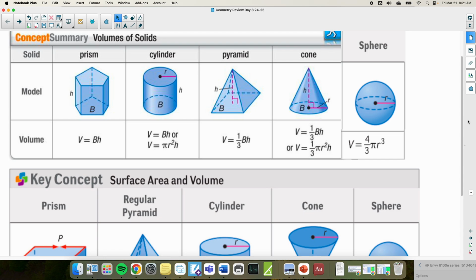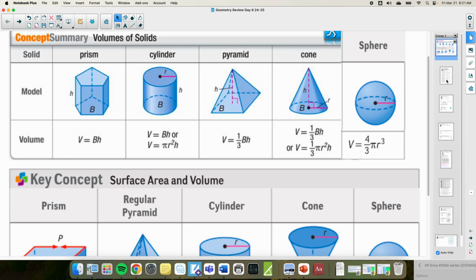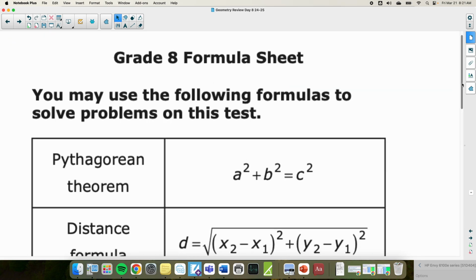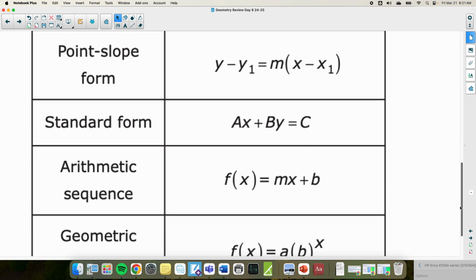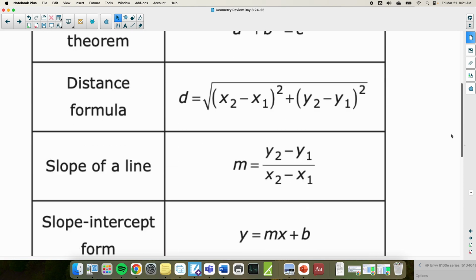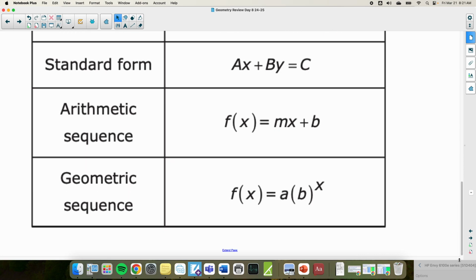So anyway, the generic formula for volume of any 3-dimensional figure, they use capital B to stand for area of the base, okay? And if you look at what formulas you are given, they don't give you the formulas for volume of a sphere, volume of anything.